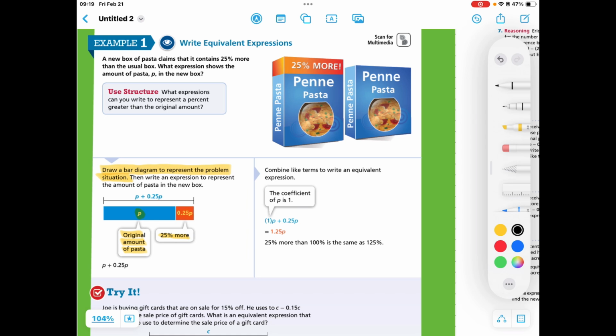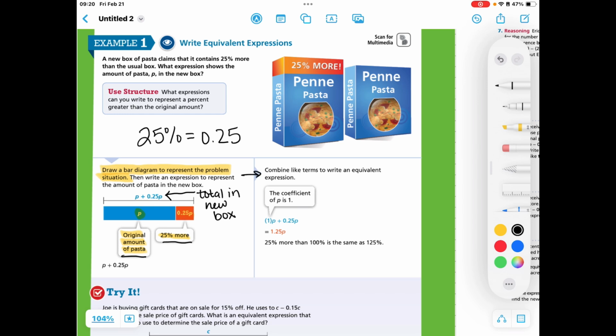So this is the more, this is the original, meaning this here is the total in the new box. That's going to be the total, P plus 0.25P. And if you're wondering where that 0.25 came from, remember 25% is just 0.25. So that's going to be the total in the new box.